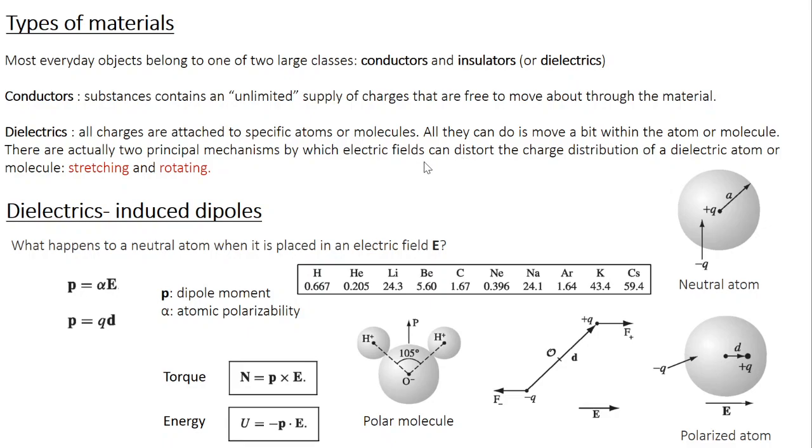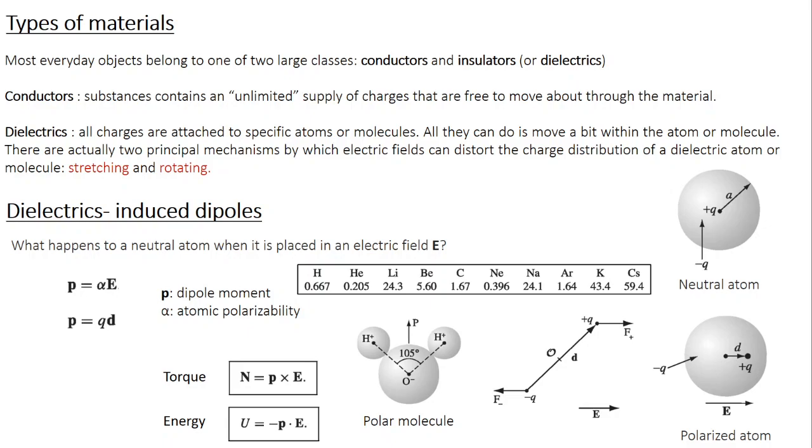Now, if you want to distort the electron arrangement or the electric distribution within each atom or molecule, you can do that through two mechanisms. One is stretching and another one is rotating, and for this you require an external electric field. Now let's take the simplest case. I have a single atom, and what's going to happen to that atom when I expose it to an electric field?